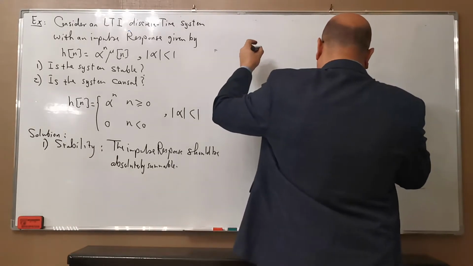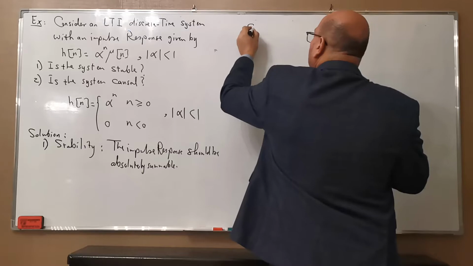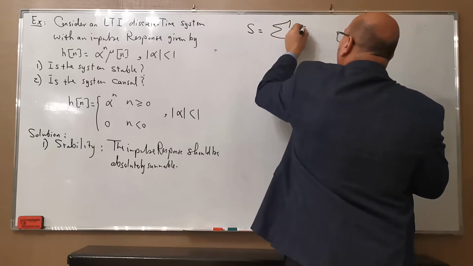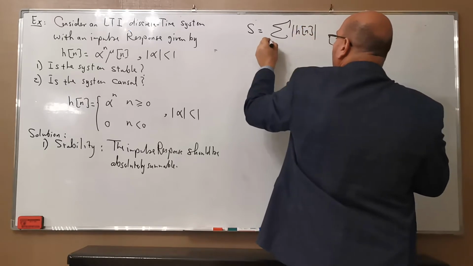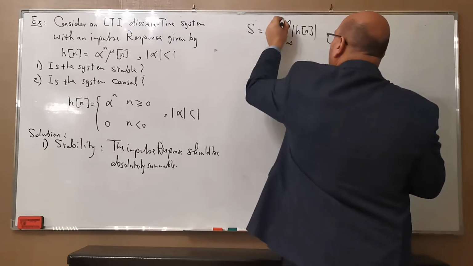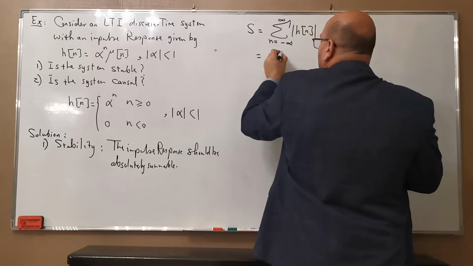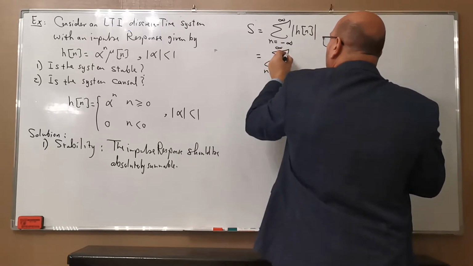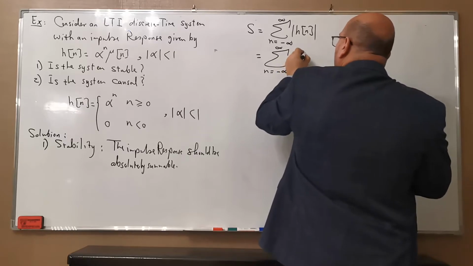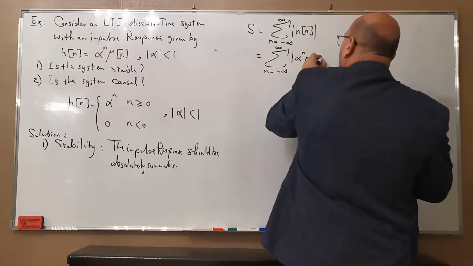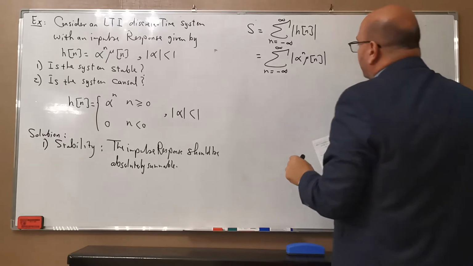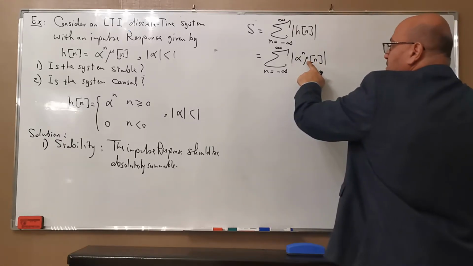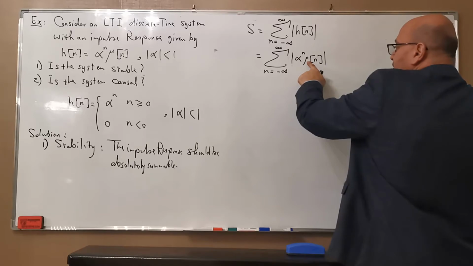So S, which is equal to the summation of h of n from n equals minus infinity to infinity, is equal to the summation from minus infinity to infinity of the magnitude of alpha to the n mu of n. Now, mu of n is 1 for n greater than or equal to 0, and 0 for n less than 0.